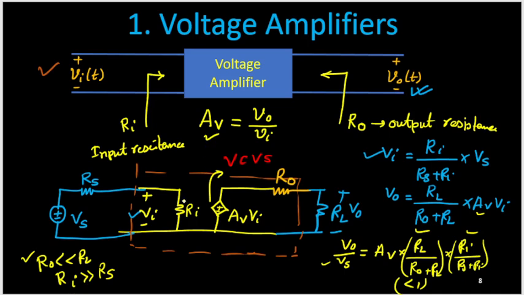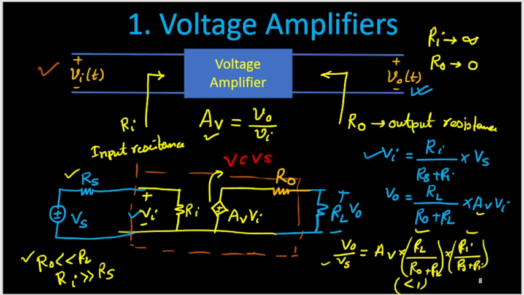The input resistance is very large compared to the source resistance, and output resistance of this voltage amplifier should be very small compared to load resistance. Then it is good for voltage amplifier. And in ideal cases, this Ri should be infinity and R0 should go to 0. This is for ideal voltage amplifiers, right?